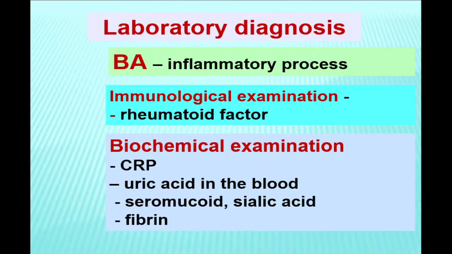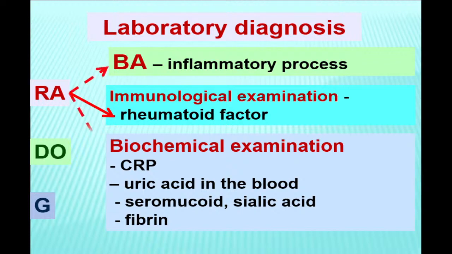Now let's see how the indices change and which index is most optimal for each pathology. I remind you that today we talk about 3 diseases: rheumatoid arthritis, deformed osteoarthritis, and gout. If we are talking about rheumatoid arthritis, first of all, rheumatoid factors.